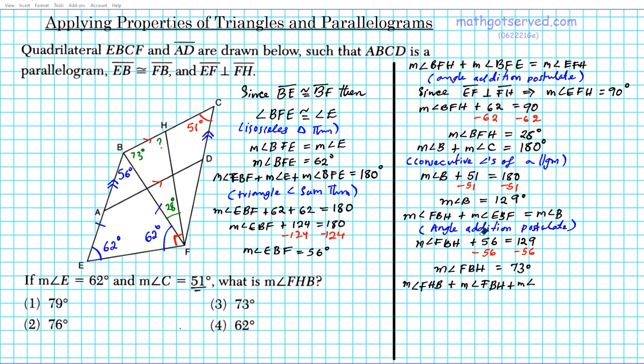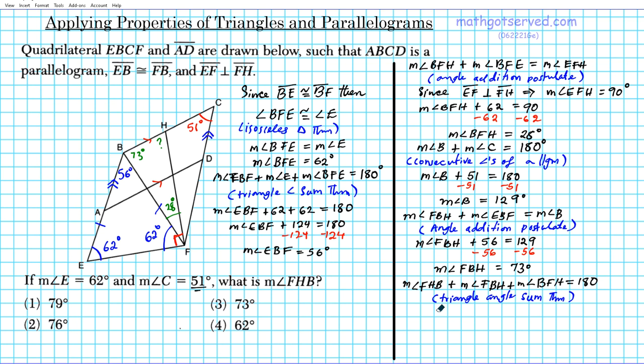Let's call it BFH because that's the notation we used earlier right here. So measure of angle BFH, it's all equal to 180. Right? How do we know that? It's the triangle angle sum theorem, which tells us that the sum of angles in a triangle is 180.